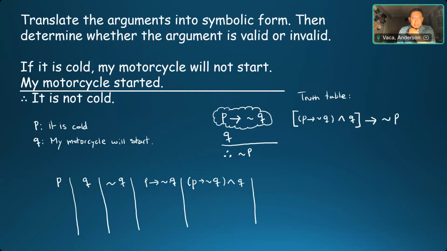So this is the first premise, this is the second premise, and here they're being connected using the connective and. Now I'm going to need a column for not P. And then the whole conditional.